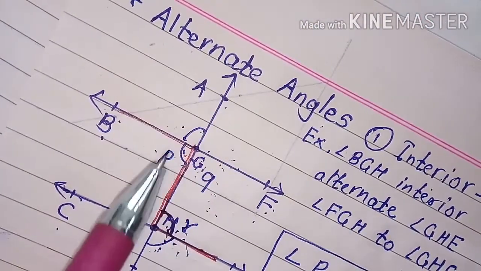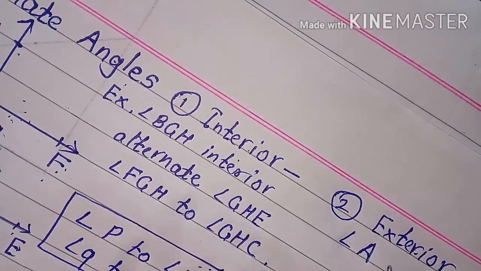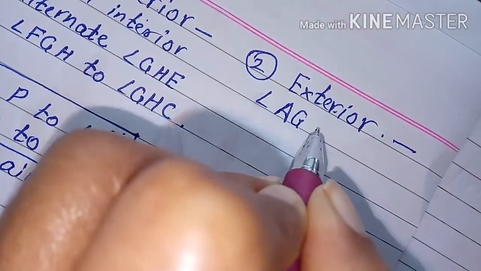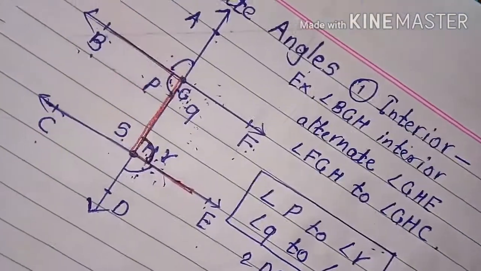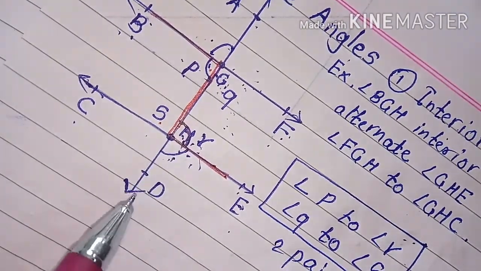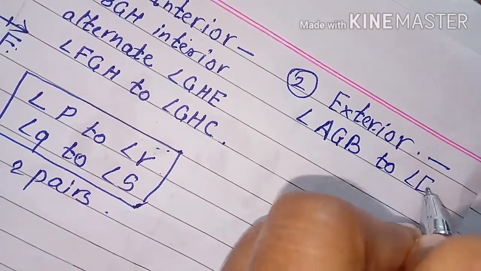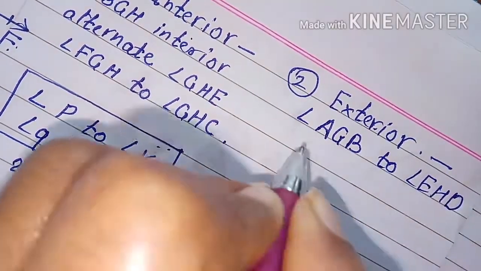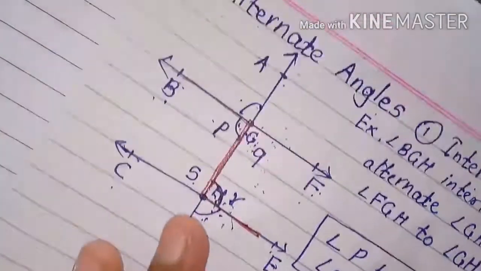So angle AGB is exterior alternate with angle EHD.